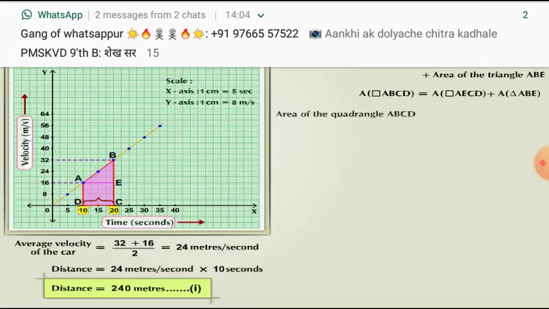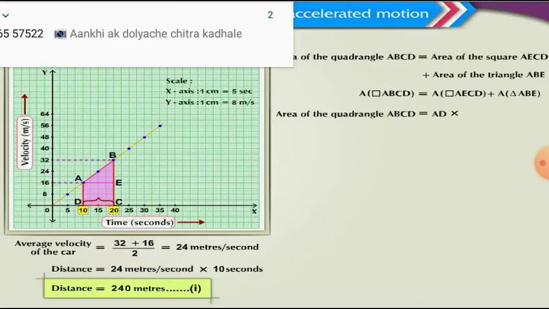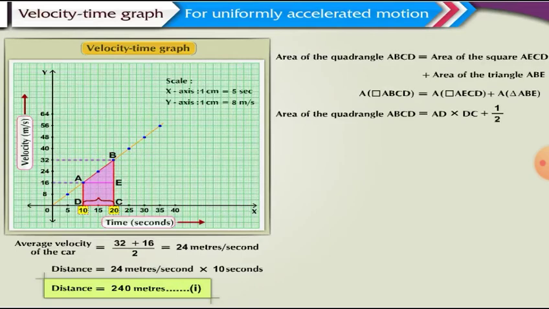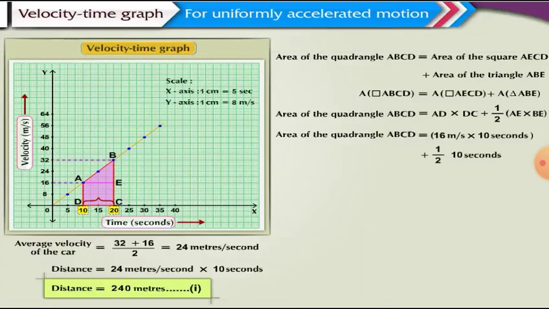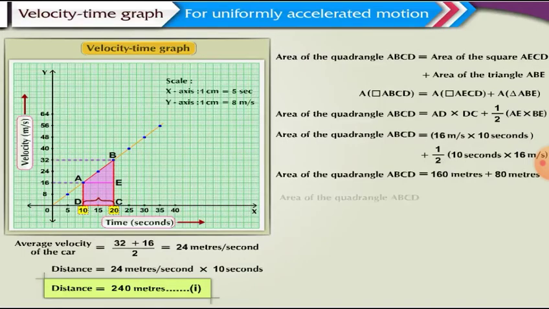This equals AD into DC plus 1 upon 2 AE into BE. This equals 16 meters per second into 10 seconds plus 1 upon 2 into 10 seconds into 16 meters per second, equals 160 meters plus 80 meters, equals 240 meters.